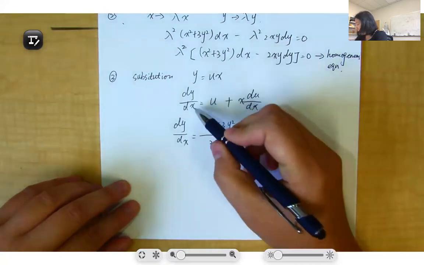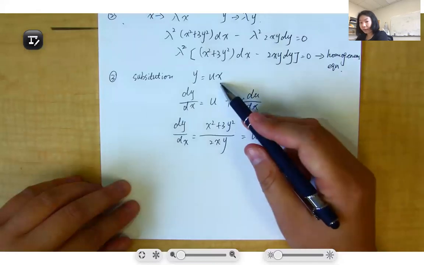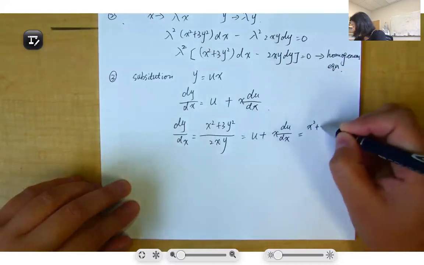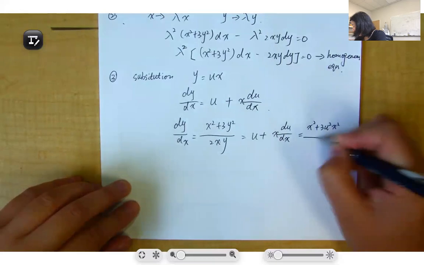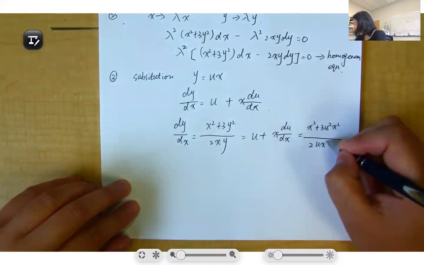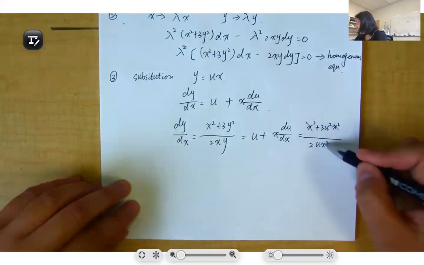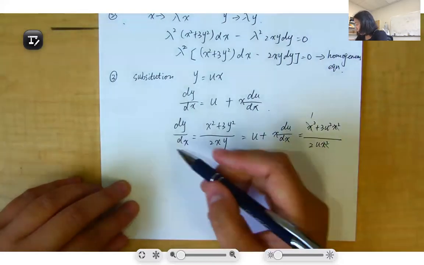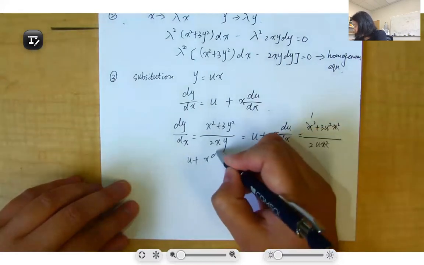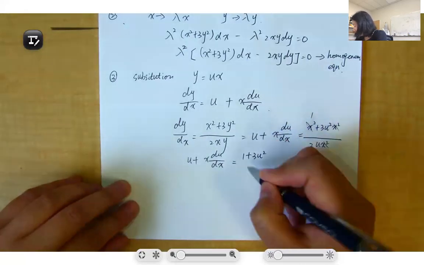We can substitute y equals ux, so that we get (x squared plus 3u squared x squared) over (2u x squared). And you can cancel out all the x squared terms, which is 1 here. Then we get u plus x du over dx equals (1 plus 3u squared) over 2u.